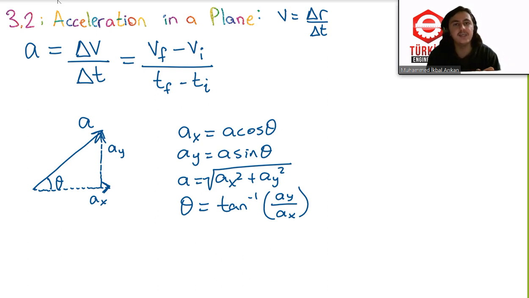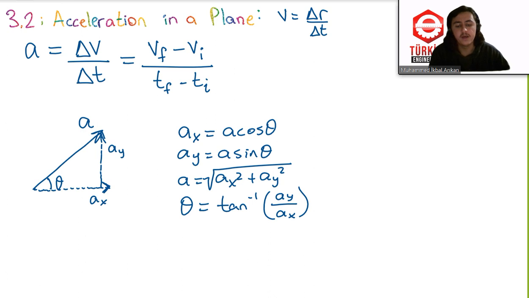Instead of a, you will put delta r, so you will get your delta x and delta y, the relations between the displacement vectors. These actually come from geometry or trigonometry, so we will use them to calculate the relations between our vectors.